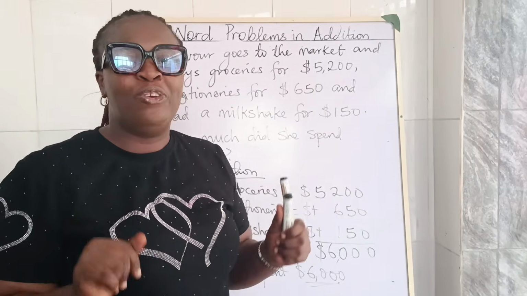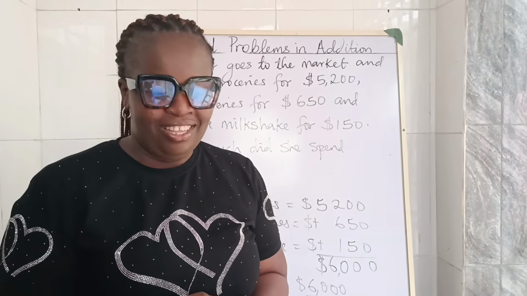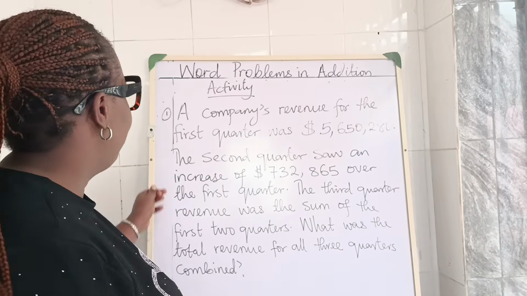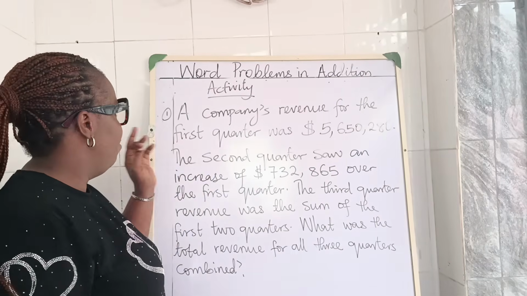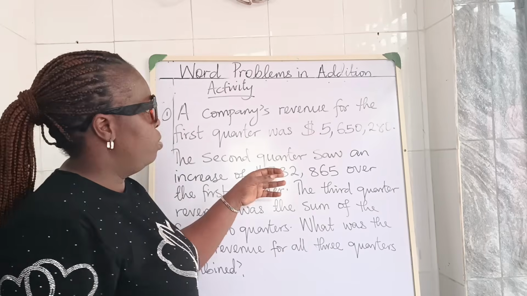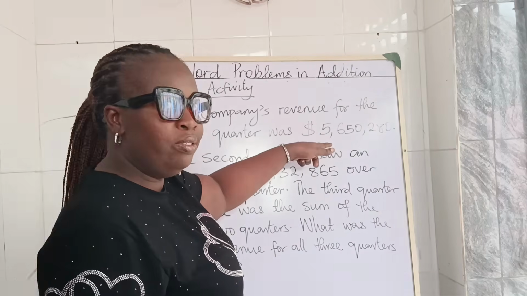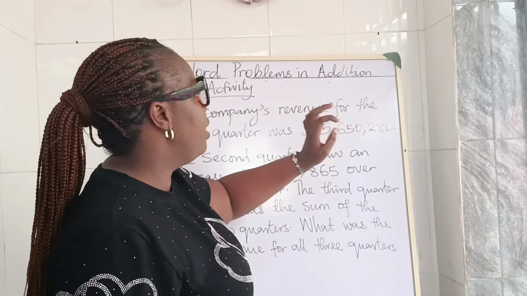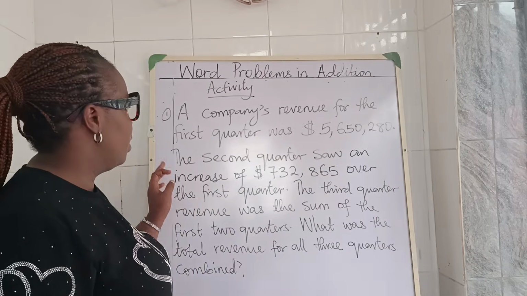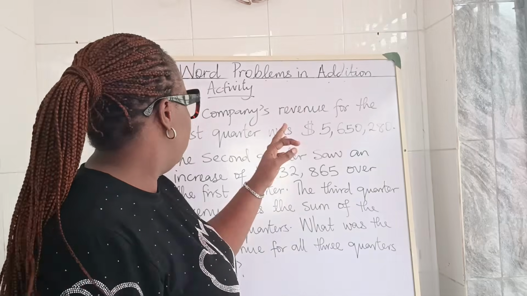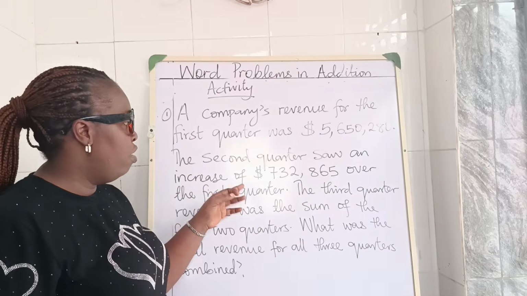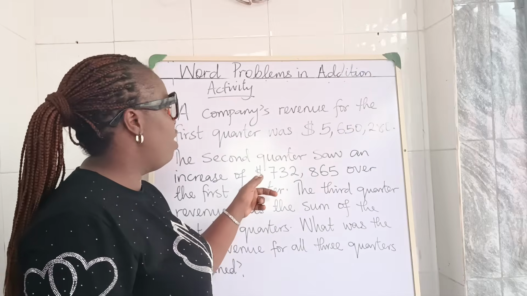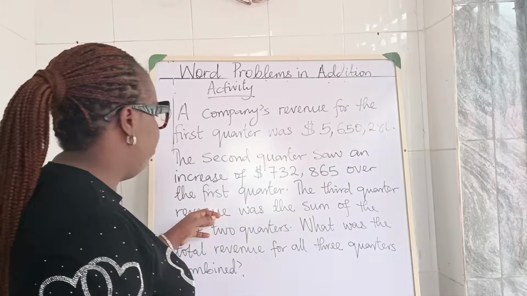Hope you enjoyed the class. I want to give you your own activity. See our activity. A company's revenue for the first quarter was $5,650,280. The second quarter saw an increase of $732,865 over the first quarter.